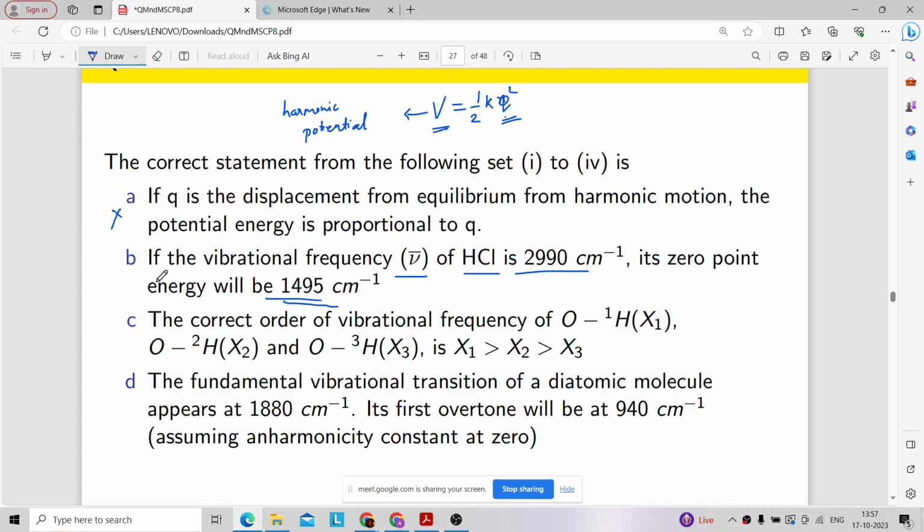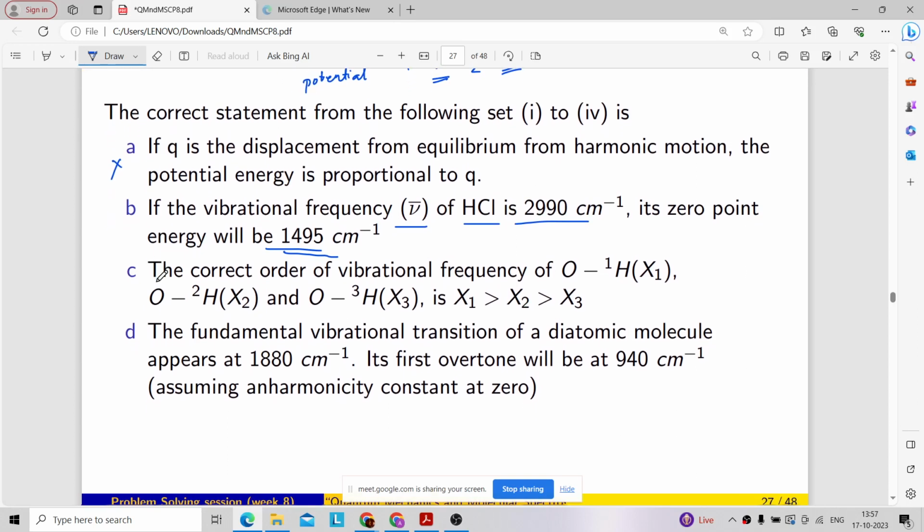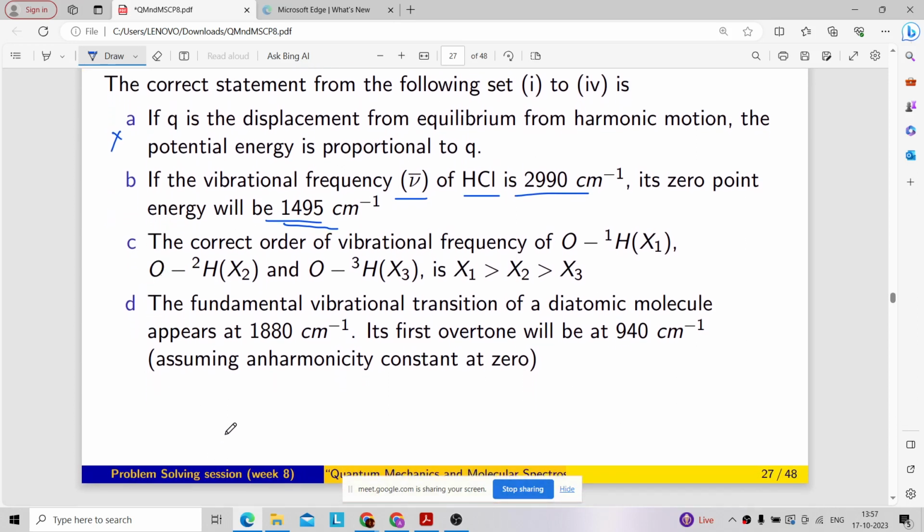This is a harmonic potential, so the energy will be v plus half times nu bar, where v is the quantum number for this vibrational motion.